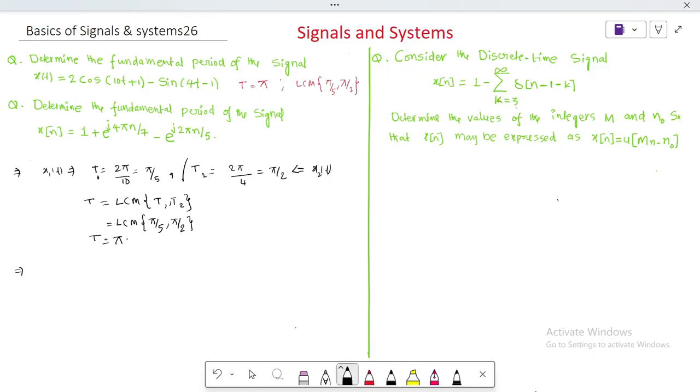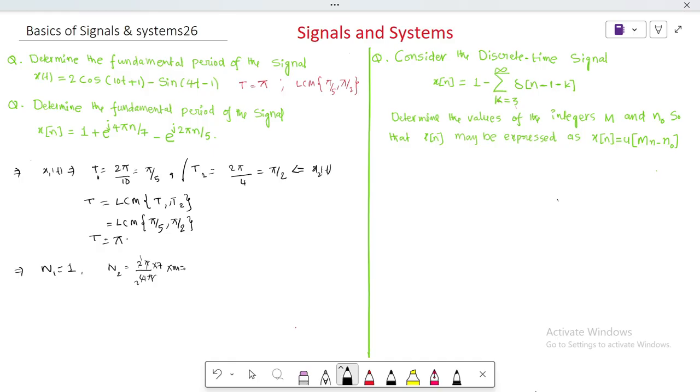So determine the fundamental period of the signal x of n. The signal is given in discrete form. These are the sum of the three. So first signal, it is a periodic signal. The time period equals 1, is it? Having the magnitude for all values, is it? The second one, N2 equals 2 pi by 4 pi by 7, is it, into m. So pi gets cancelled, 2 by 2 cancels.